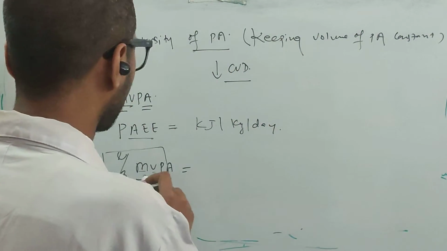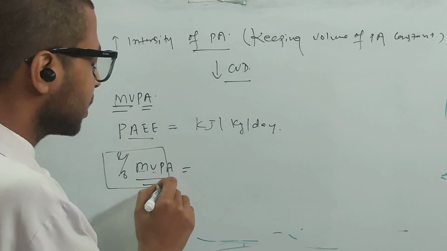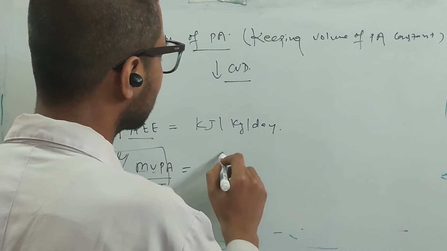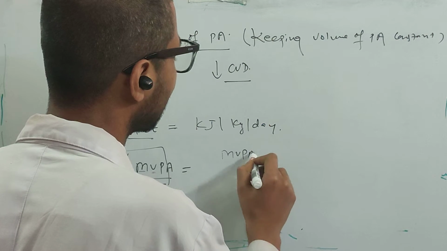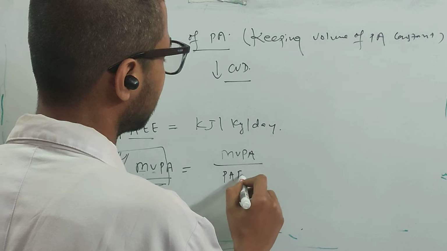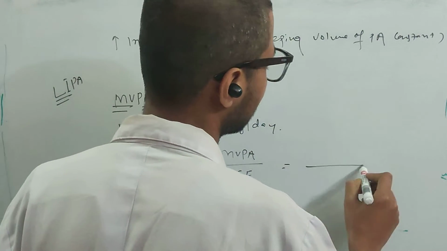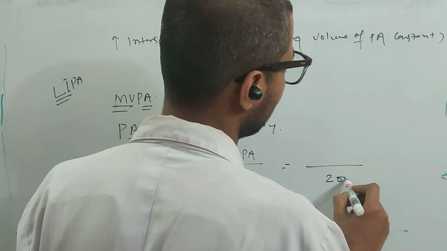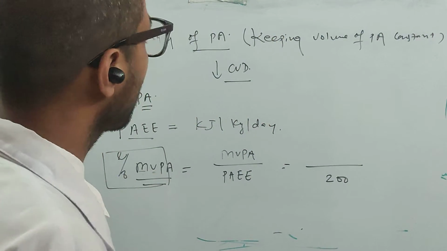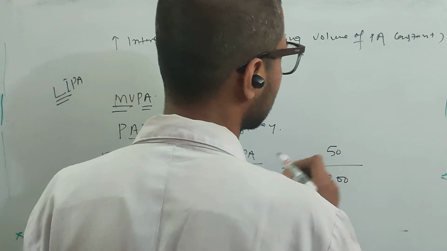Now what is the percentage of moderate to vigorous intensity physical activity? It is moderate to vigorous intensity physical activity divided by total physical activity energy expenditure. Let's suppose total physical activity energy expenditure is 200 kilojoules per kg per day, and moderate to vigorous physical activity is, let's suppose, 50.